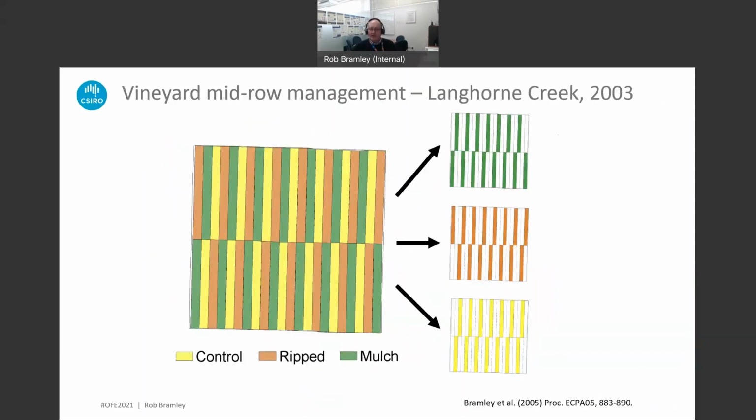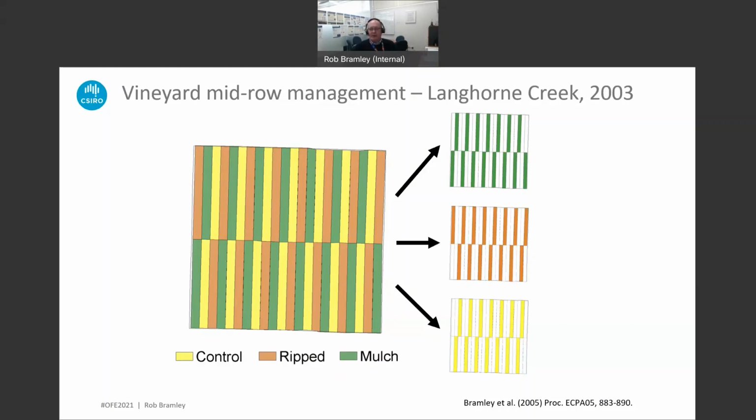Here's the design of an experiment that a farmer wanted to do in a vineyard in the Langhorne Creek region of South Australia many years ago now. There was a concern at some soil constraints and the effects of wheel compaction in the interrow, and the farmer wanted to explore a couple of different options for potentially addressing those constraints.